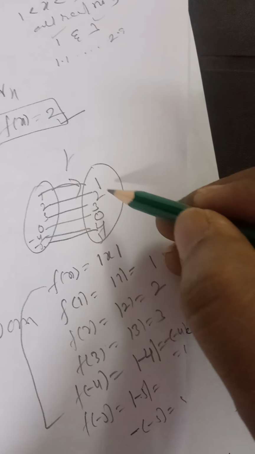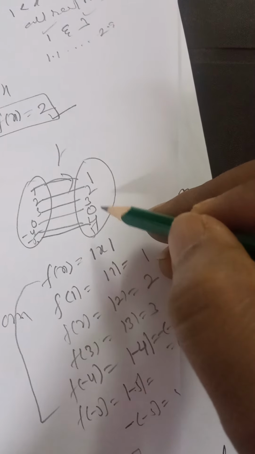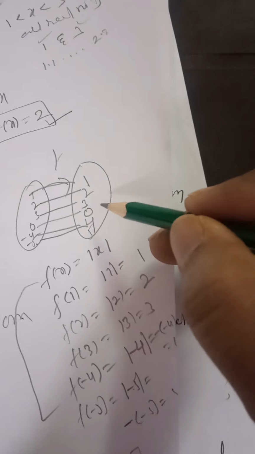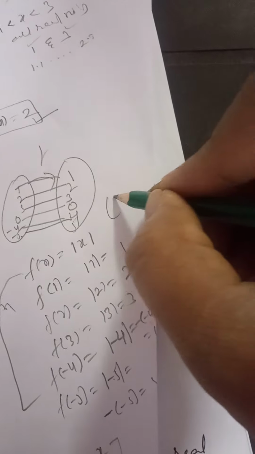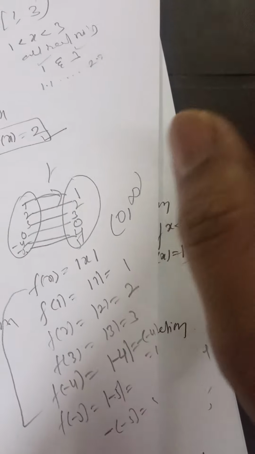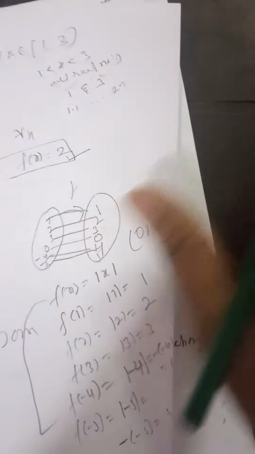Now what are the images here? See, the images are 0, 1, 2, 3, 4, 5 only. All are positive numbers, no? Therefore, the range set is always equal to 0 to infinity. That means it is a positive set, no negative values.